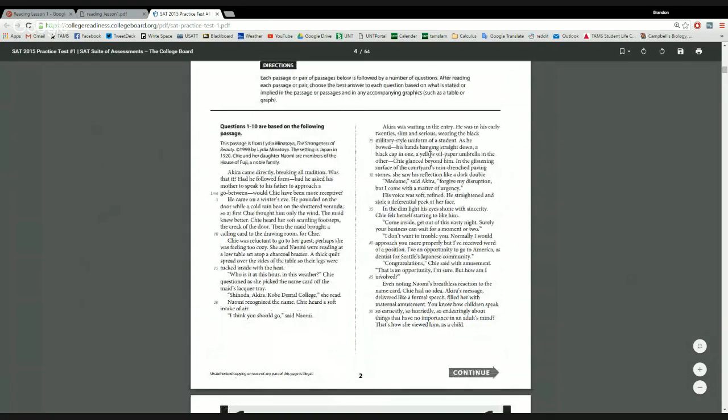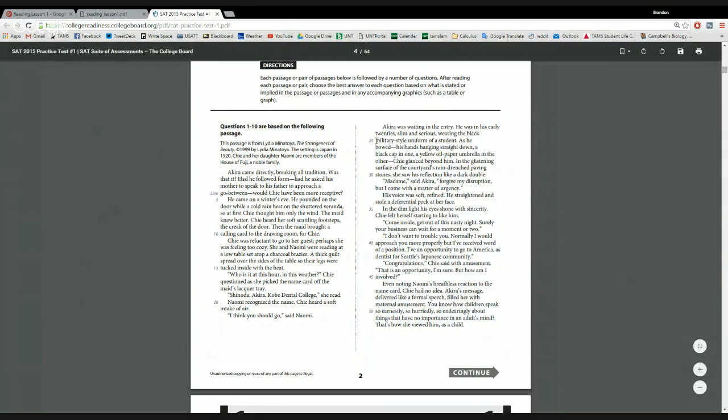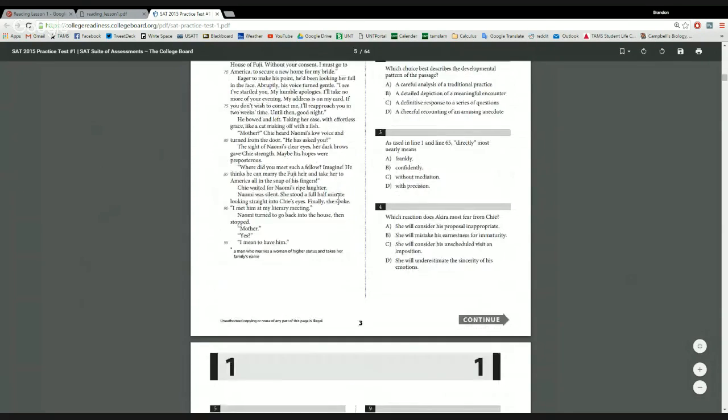First of all, we'll go to line 26. As he bowed, his hands hanging straight down. Bowing is a sign of respect, and in their interaction around these lines, he shows it. He also calls her madam, which shows a sign of respect as well.